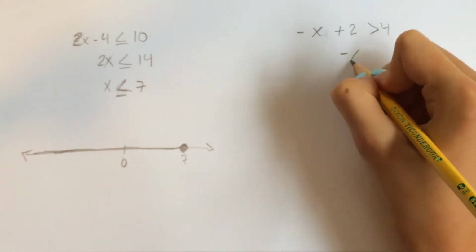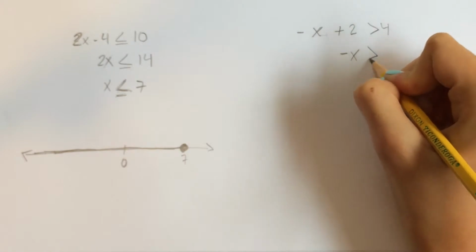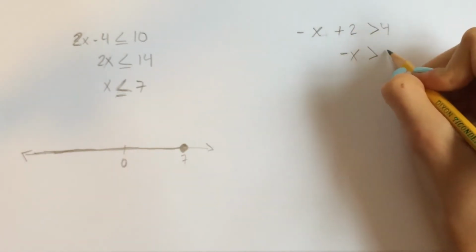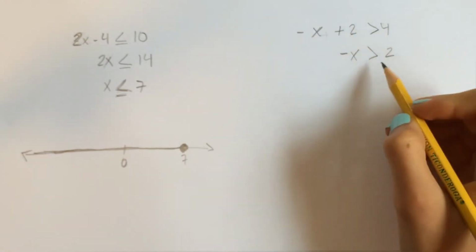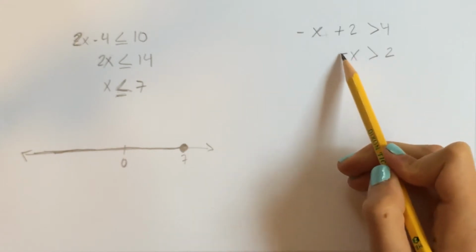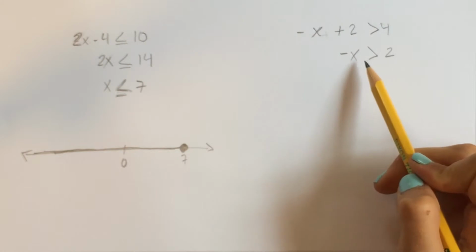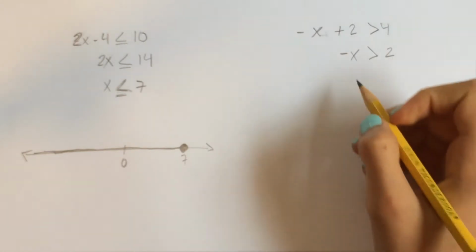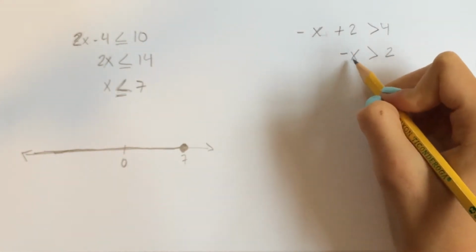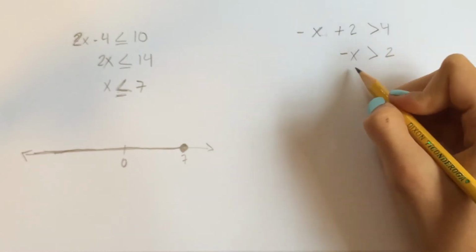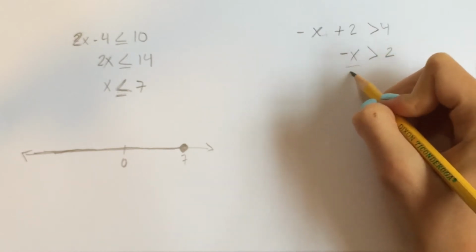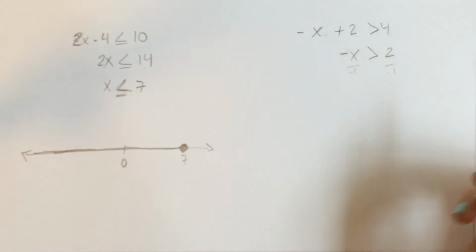So negative x is greater than 4 minus 2, which is 2. And we can see now that there's a negative coefficient of x. So we want to get x, we don't want to get negative x. So we can just divide by negative 1 because there's an invisible 1 multiplying x. And divide by negative 1, divide by negative 1.